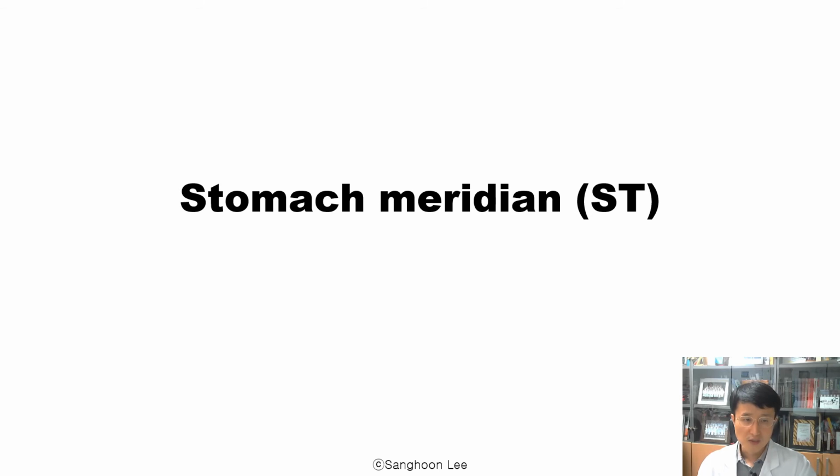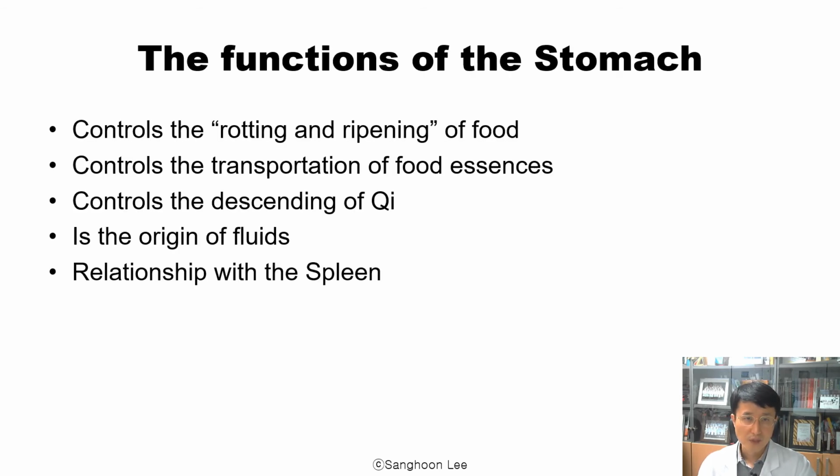Stomach meridian. The functions of the stomach: it controls the rotting and ripening of food, controls the transportation of food essences, controls the descending of qi. It is the origin of fluids.